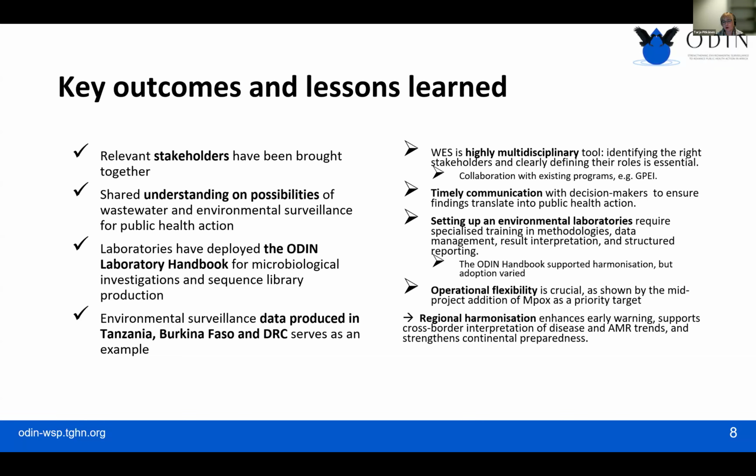For example, the polio surveillance activities already ongoing have been very important for us to be able to initiate the environmental sampling campaigns. We have also learned a lot about timely communication with the decision makers to ensure that we really can make a public health action based on the findings, and there have been some really good examples already in that direction.